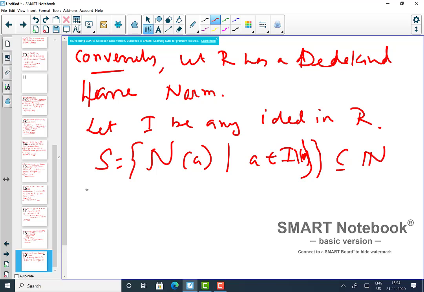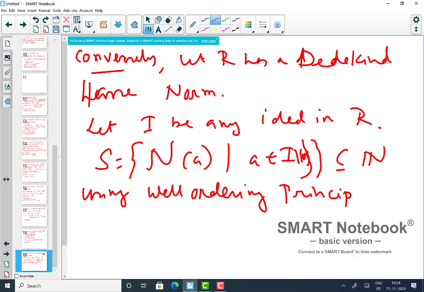So this is a set of natural numbers. Okay. So using the well ordering principle, we have a least element, right? We have a B belonging to I minus 0, a non-zero element with minimum norm, right?